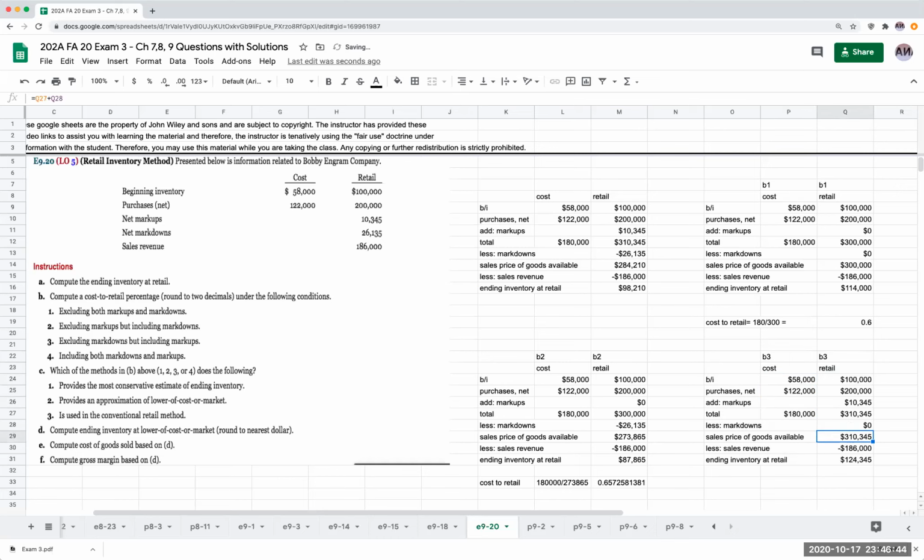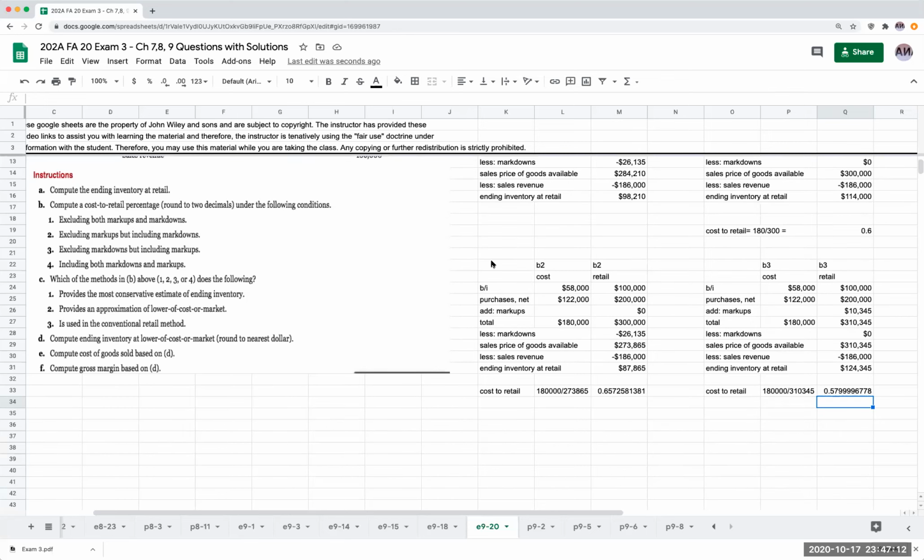So excluding markdowns but including markups, my cost to retail is going to be 180,000 divided by 310,345, or roughly about 57%. And my last one is including both markdowns and markups.